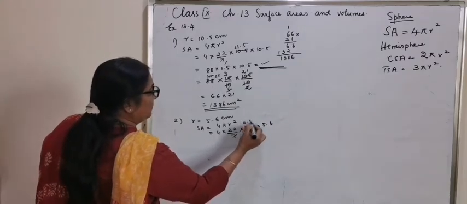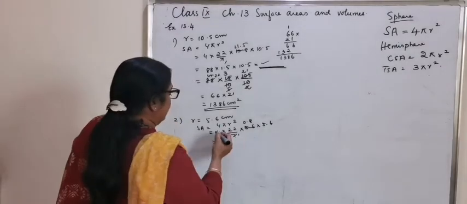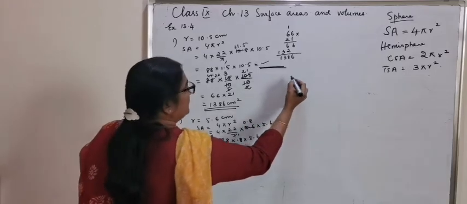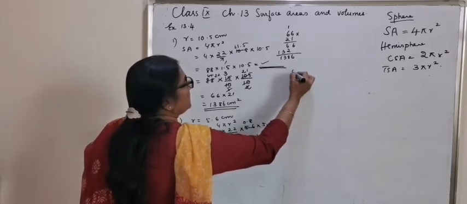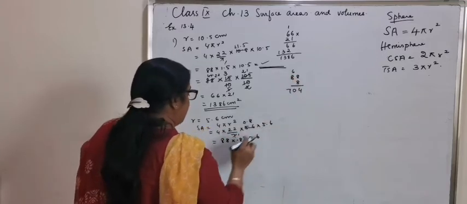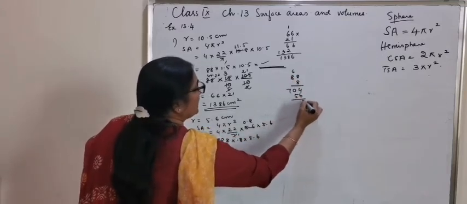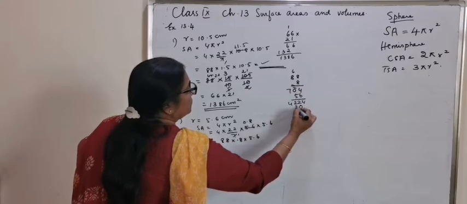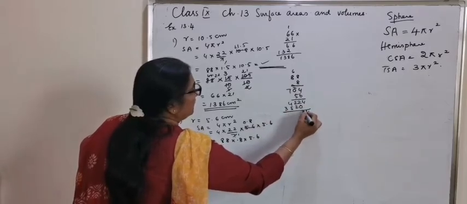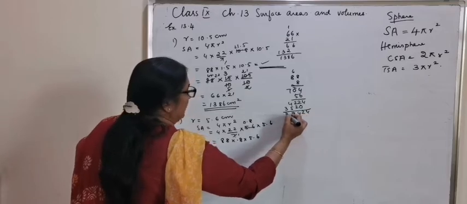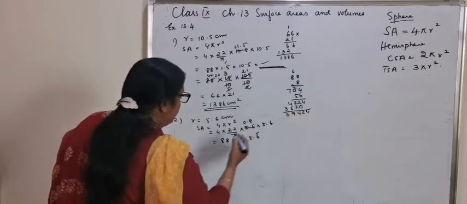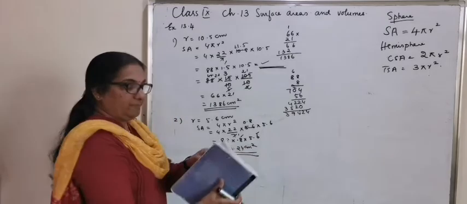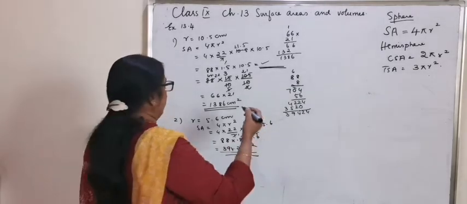You can multiply the remaining, 88 into 0.8 into 5.6, that is 88 into 8. 8 8s are 64, 64 plus 6 is 70, 704 into 56. 7 5s are 35, two decimal places, that means 394.24 centimeter square.